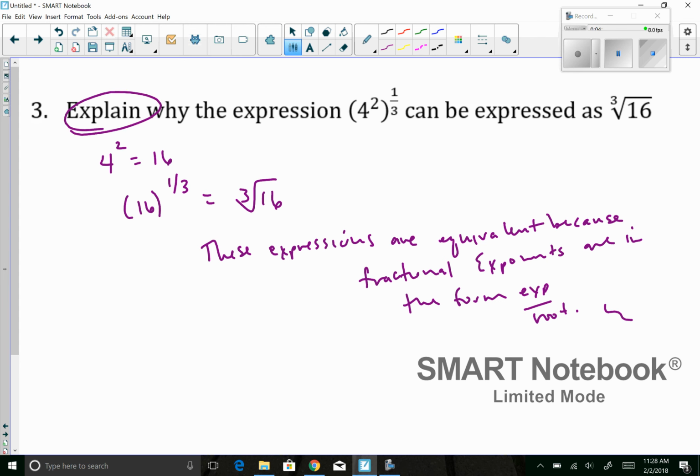Notice this word tells us I have to put this there. Just showing the math is not enough.